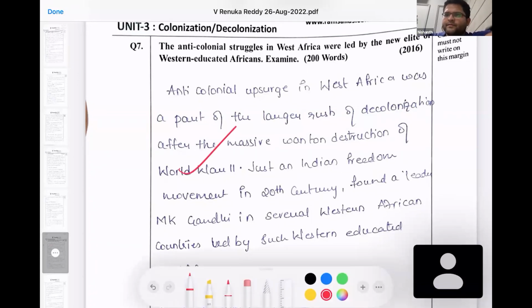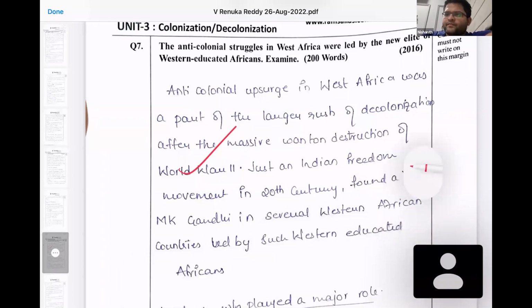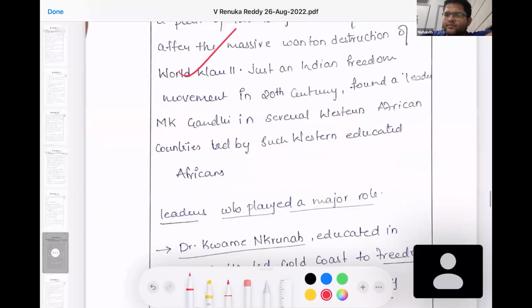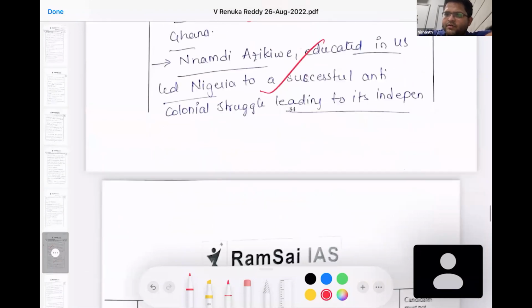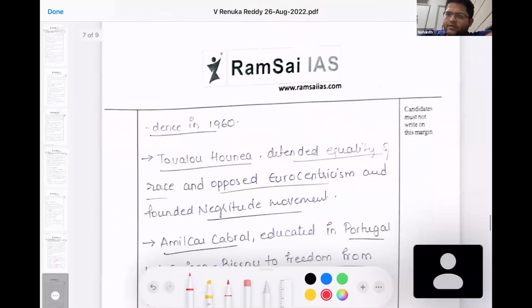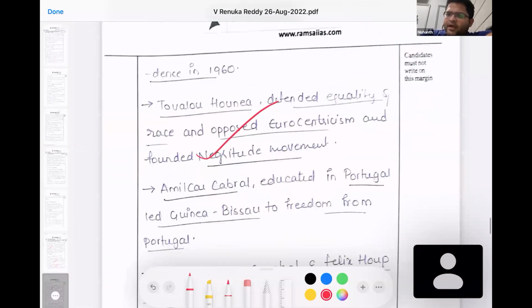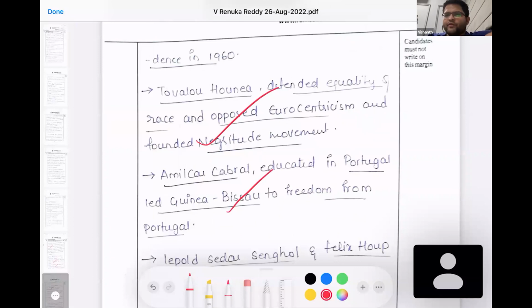Yes. Yes. Nigeria. Good. Yes. You know. Yes. Cabral. So you have given one more example also. Good.